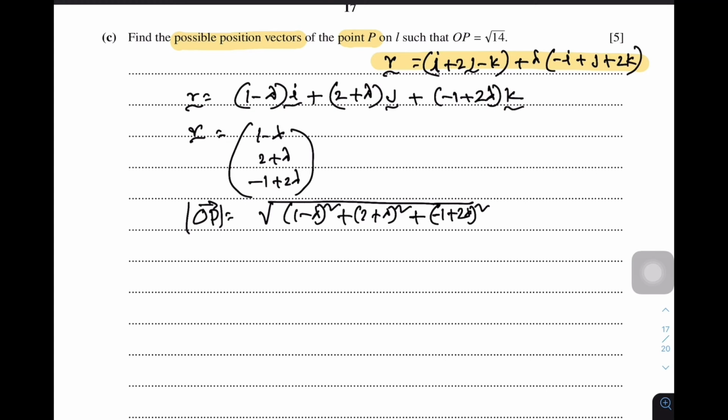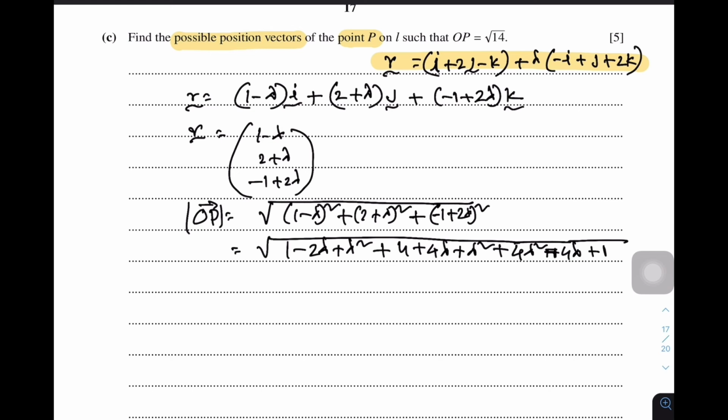Let me simplify this one. 1 minus 2 lambda plus lambda squared, plus 4 plus 4 lambda plus lambda squared, plus 1 minus 4 lambda plus 4 lambda squared. I used the formula a squared minus 2ab plus b squared. So lambda squared, lambda squared and 4 lambda squared, all these will be 6 lambda squared.